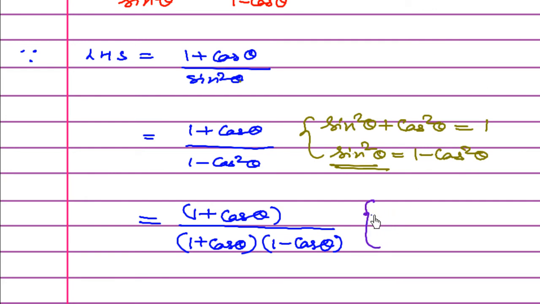Because we know that a square minus b square is equal to a plus b into a minus b. This algebraic identity we are using here in the denominator. 1 square is 1. So 1 square minus cos square theta is equal to 1 plus cos theta into 1 minus cos theta.